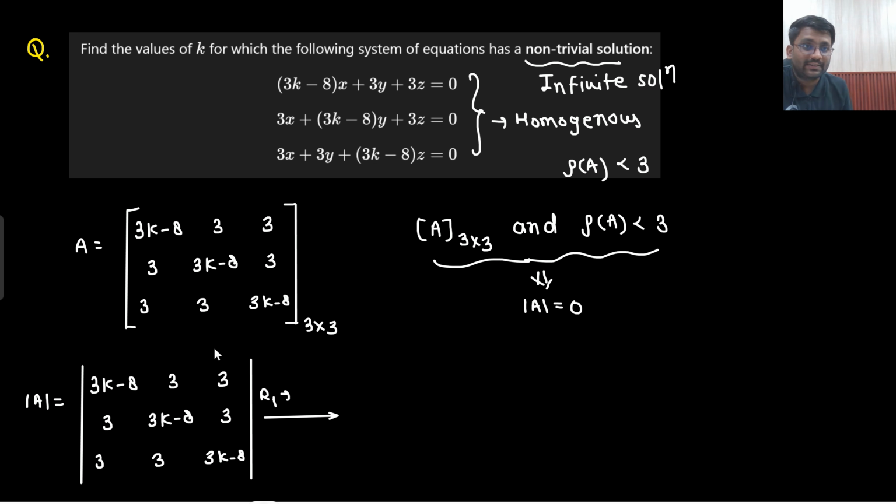Sorry, I am solving the determinant this time, so not all linear transformations will be valid. For determinants there were different conditions. Do you remember, in the third lecture we saw? For calculating the determinant, row 1 should be replaced with row 1 plus row 2 plus row 3.